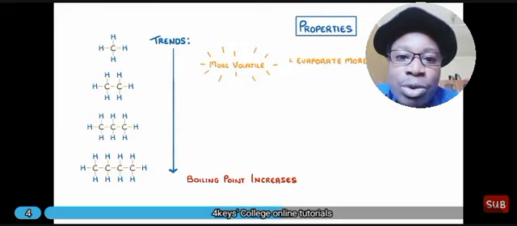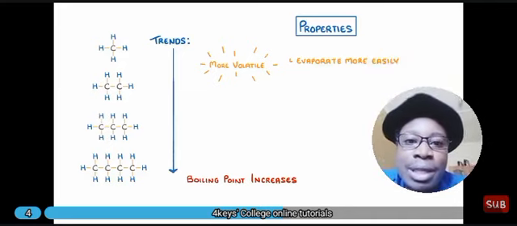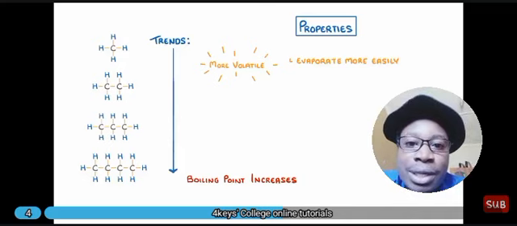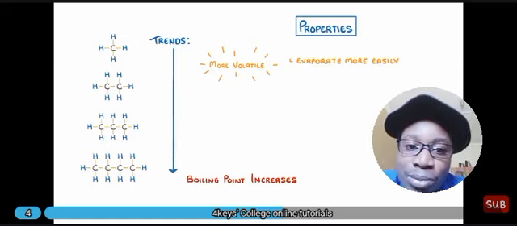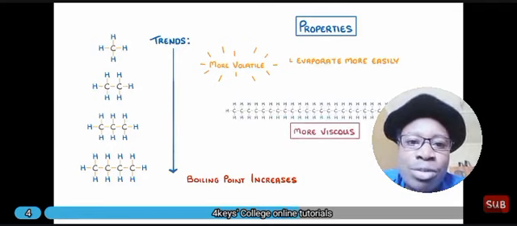There's another property called volatility, which simply means something that can evaporate more easily. So we see that the first 4 compounds there, which are gases, are the most volatile. And so volatility is going to decrease with increase in number of carbon atoms. When we get to alkanes that have a very large number of carbons, we can use another term which is called viscosity.